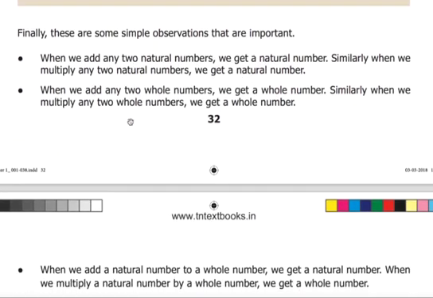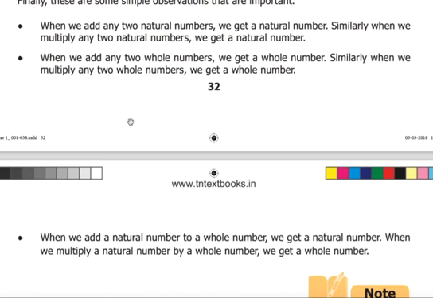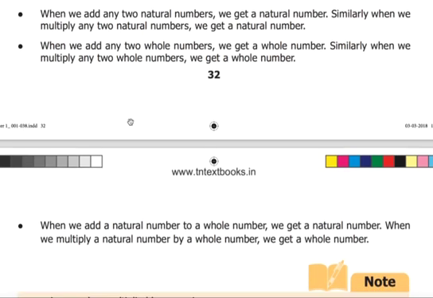Finally, these are some simple observations that are important. When we add any two natural numbers, we get a natural number. For example, 8 plus 7 will give you 15, 8 plus 12 will give you 20, 8 plus 24 will give you 32. All are natural numbers. When we add any two whole numbers, we get a whole number.